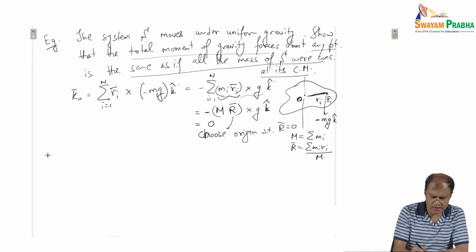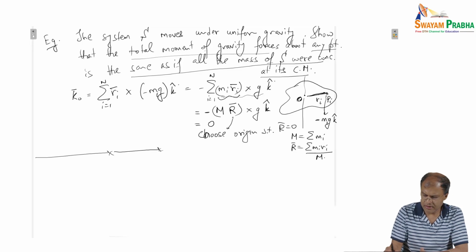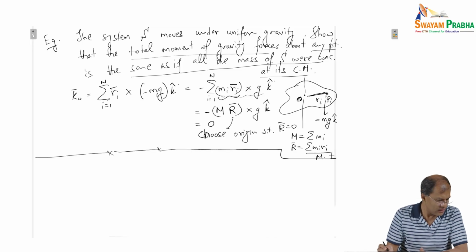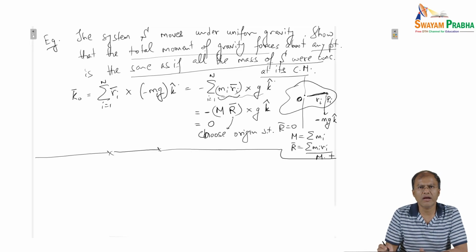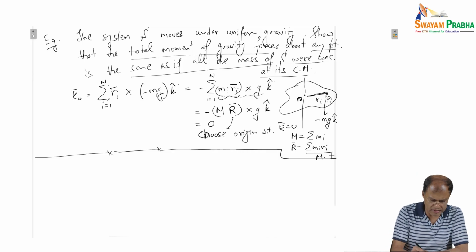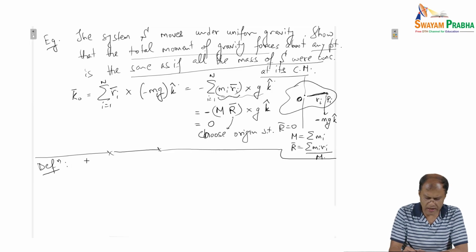Okay, so then let us look at, we need to define what is angular momentum. We haven't come up with a formal definition, so let us now do that at this point. Angular momentum. So the definition of angular momentum about a point.